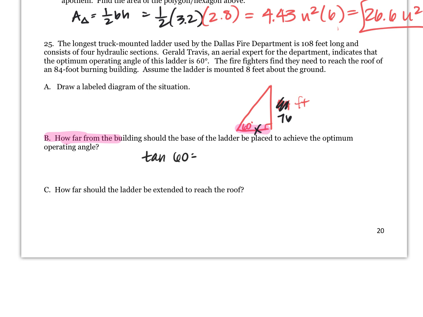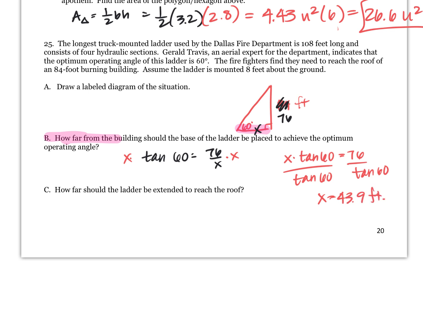Tangent of 60 is the opposite over the adjacent. When I multiply by x, I'd get x times the tangent of 60. 43.9 feet. I'm down with that.